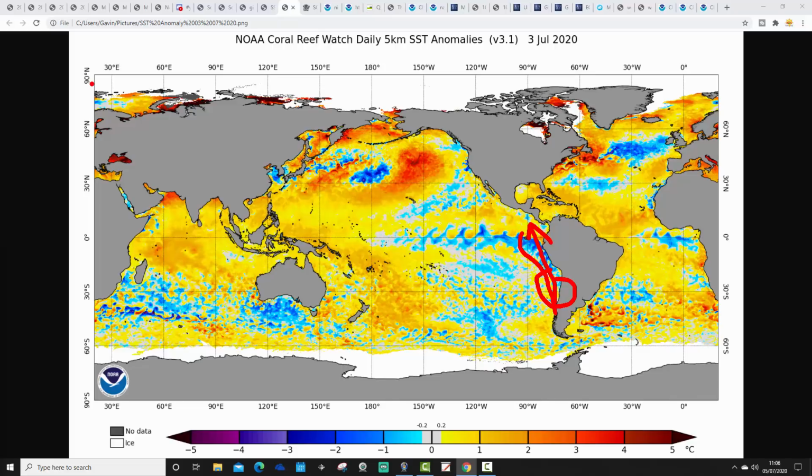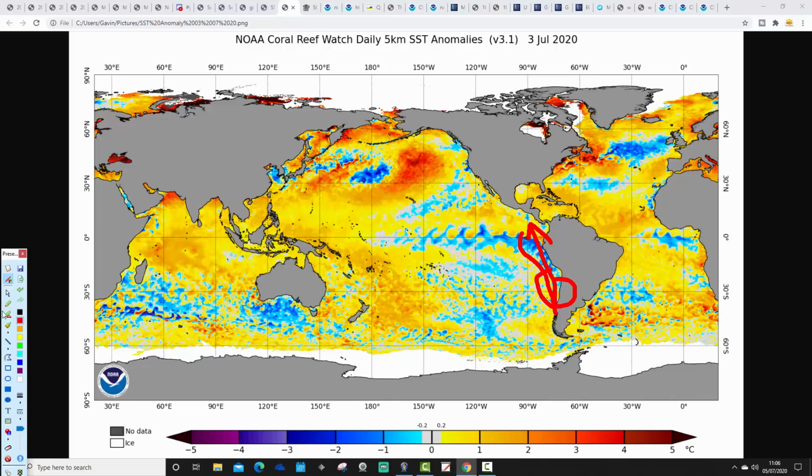I don't think this La Nina signal is strong enough yet to be having an impact on the wider northern hemispheric circulation. So I doubt the unsettled weather that we've had this summer so far in the UK and across northern Europe is really related to what's going on with this quite quick development of quite a weak La Nina type signal.